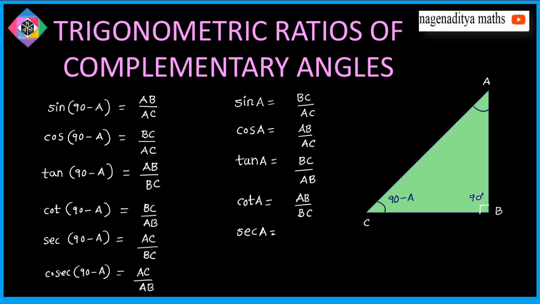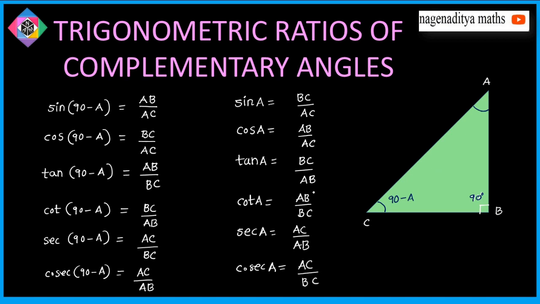Secant of A is equal to hypotenuse by adjacent side. So hypotenuse is AC and adjacent side to angle A is AB. And what about cosecant A? So cosecant of A is equal to hypotenuse by opposite side to angle A, that is AC by BC.